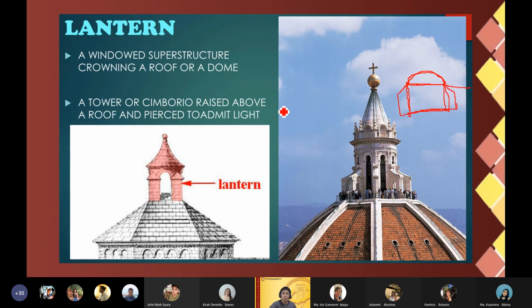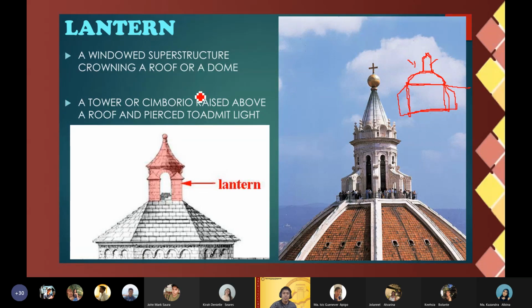I don't know if you will understand my sketch. So what they do is provide a lantern. Sorry, I'm challenged using my mouse for sketching. So they provided this lantern so that light can enter the dome.